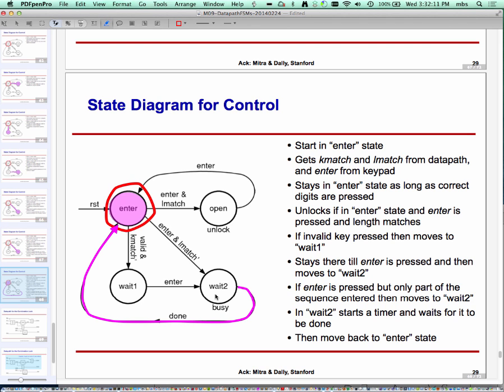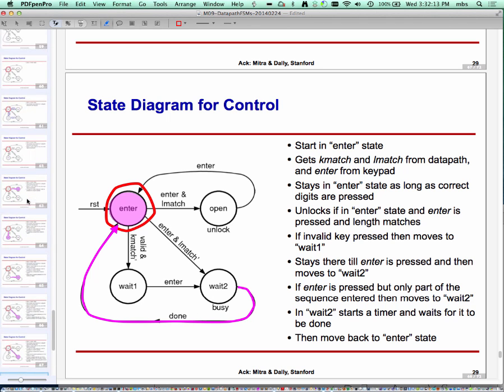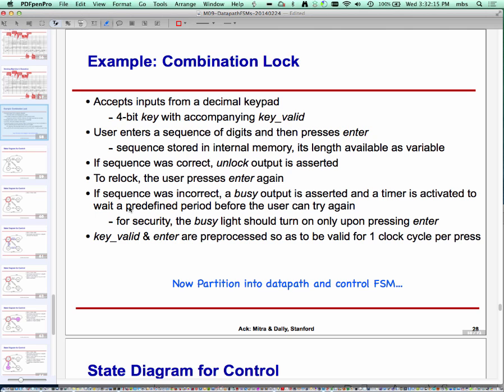So this goes back to: if the sequence was incorrect, a busy output is inserted and a timer activated before the user can try again. The idea is that we have not let the user try. So you want to avoid the possibility that the user presses 1 and then, let's say, wrong. I press again, and so in just 10 attempts, I would discover the first key.